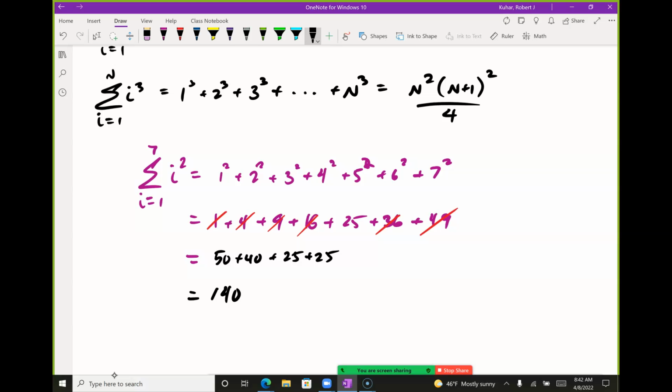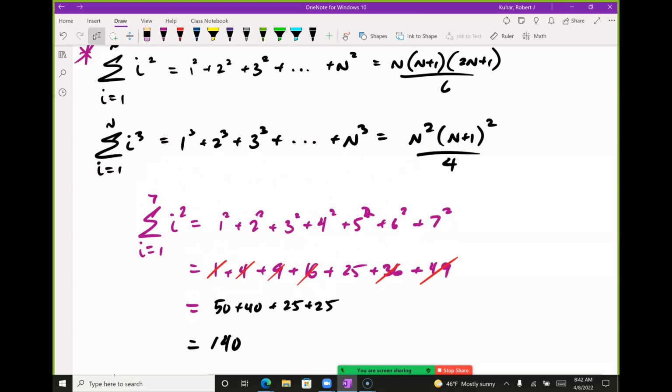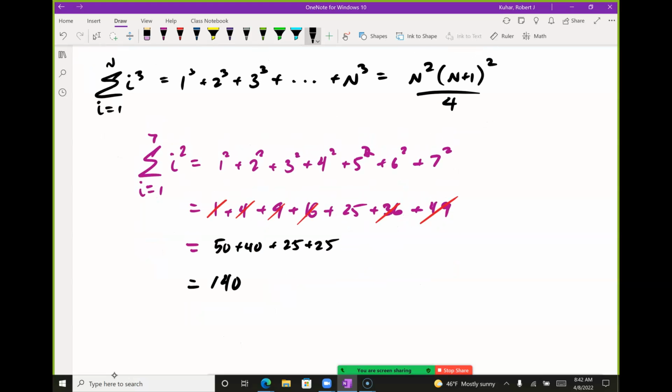Now the right-hand side of the equation is going to come from n times n plus 1 times 2n plus 1 all over 6, where n is 7, right? So I want to look at 7 times 7 plus 1 times 2 times 7 plus 1 all over 6. So I get 7 times 8 times 15 over 6.